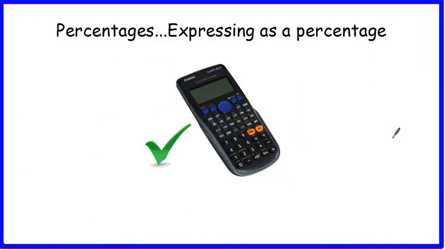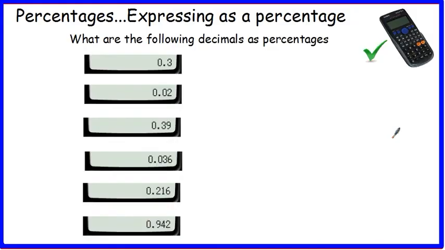Okay, now let's look at this with a calculator. Now you would be expected to read the decimal off as a percentage. When you get from a decimal to a percentage, you've multiplied by 100.